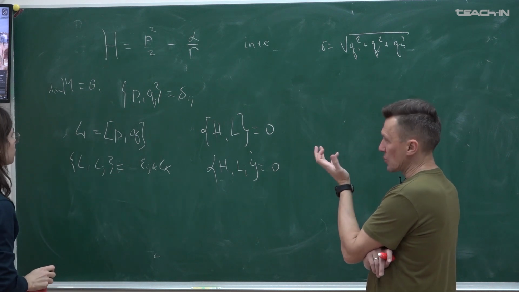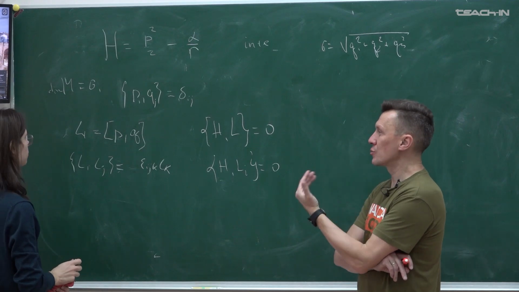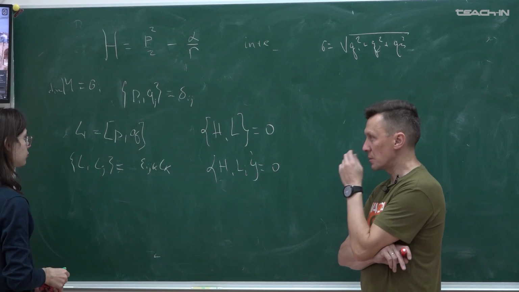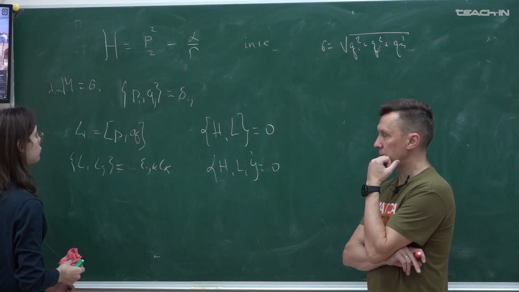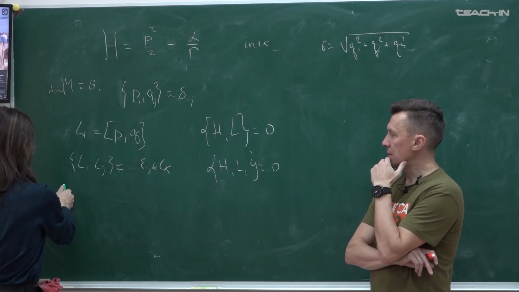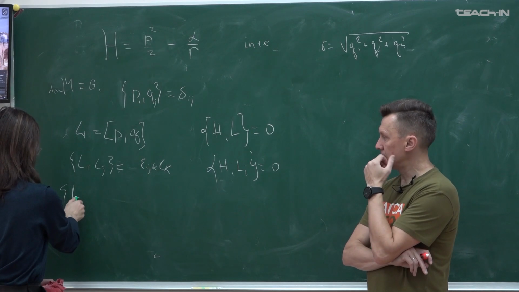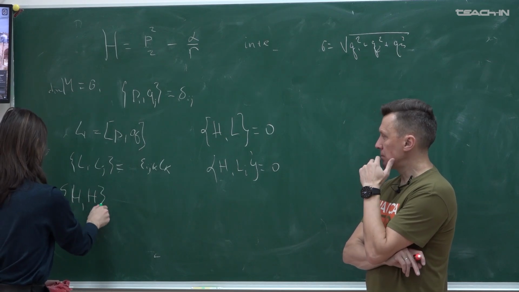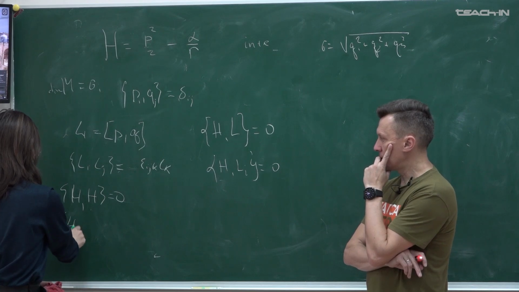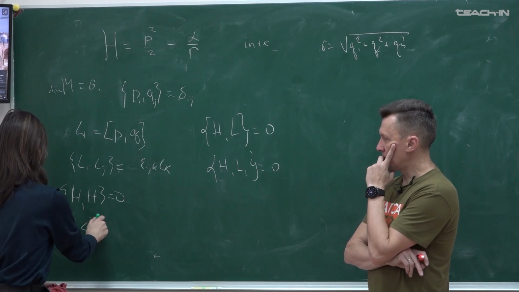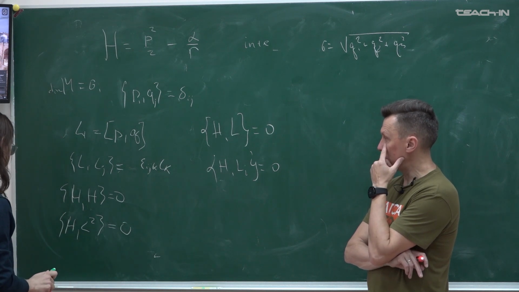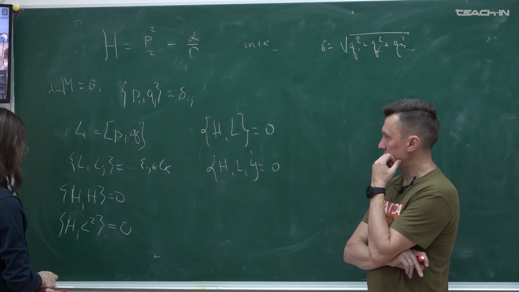Very good. So now we need to construct an involutive family. How many integrals do you think we should find? Well, the third is the Hamiltonian himself. And the fourth is this R squared.